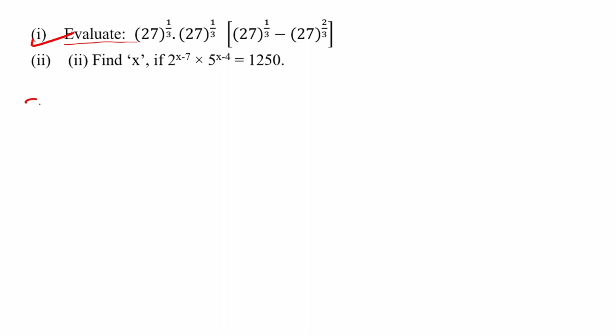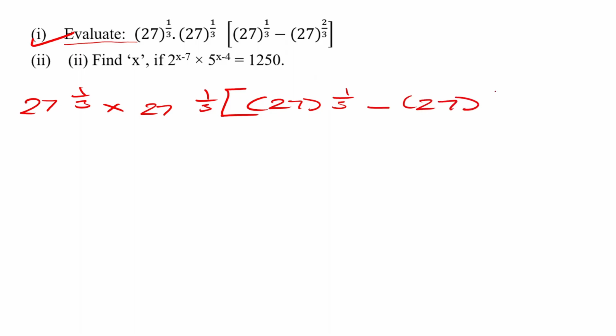So we have 27 to the power 1 by 3 times 27 again to the power 1 by 3. Now we're multiplying with the whole bracket of the same 27 to the power 1 by 3 minus, this is not a times, this is a minus, 27 to the power 2 by 3.